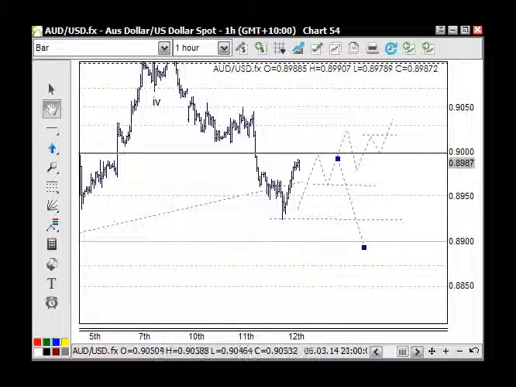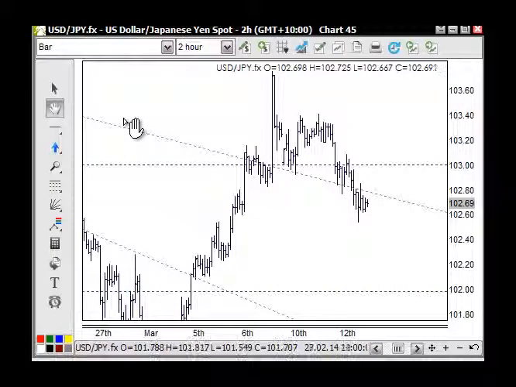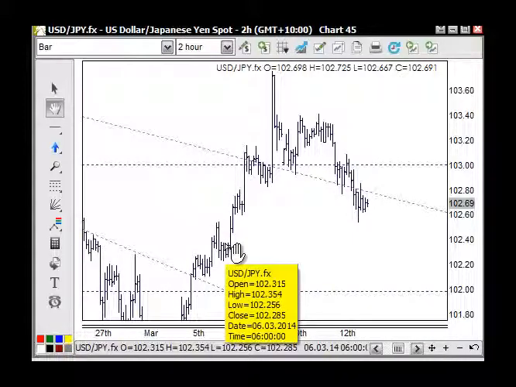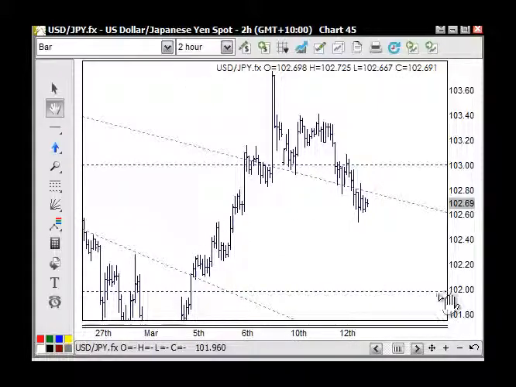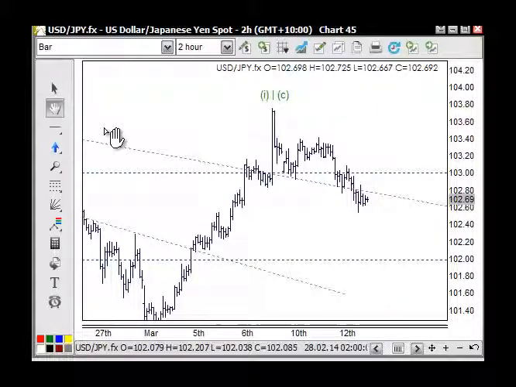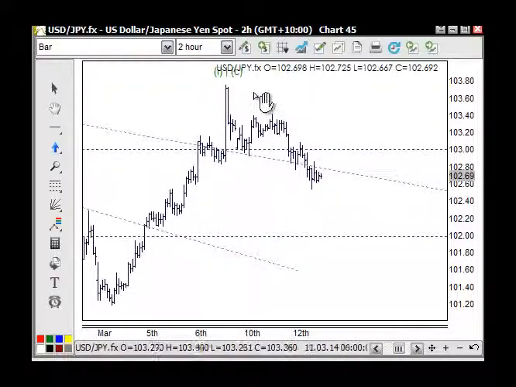Now, the yen crosses, just before we move into those: the euro yen and pound yen and even the Australian yen. This is the US dollar yen here, and the move down through here so far is just an ABC at this stage. So it's not a 5-wave structure.